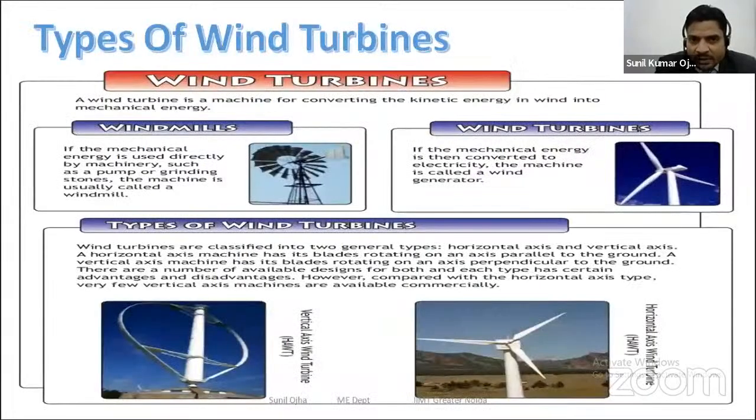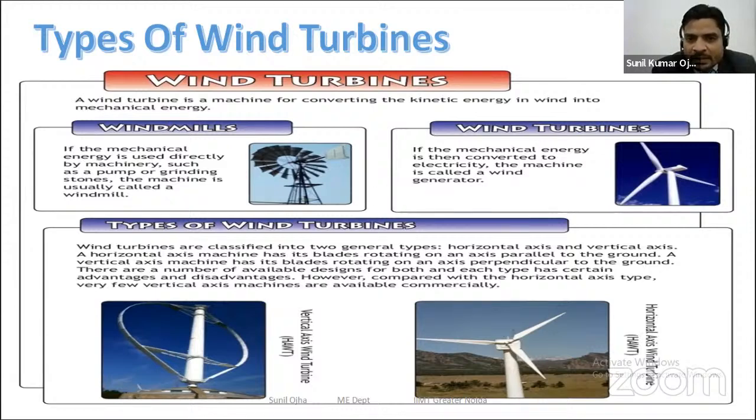Next we have to see the types of wind turbines. There is the windmill. If the mechanical energy is used directly by machinery, such as pumps, grinding stones and so on, the machine is usually called a windmill. From ancient times, we have been using this type of windmill. What is a wind turbine?